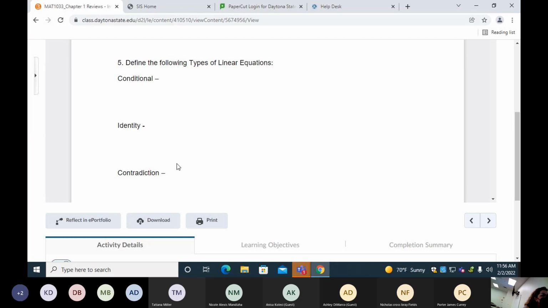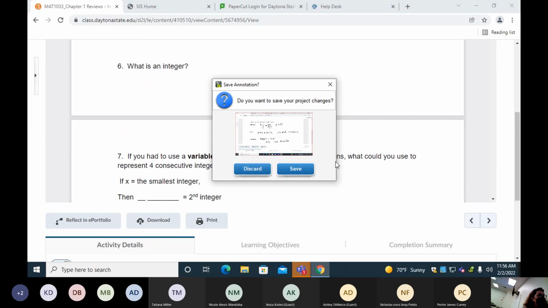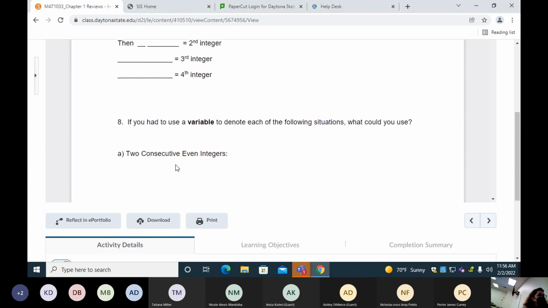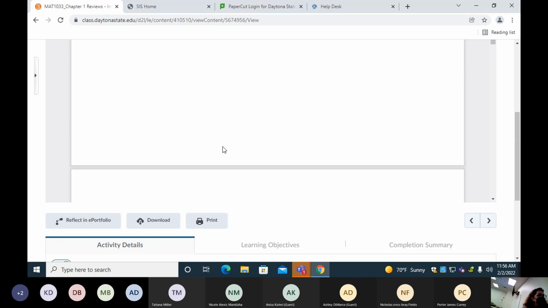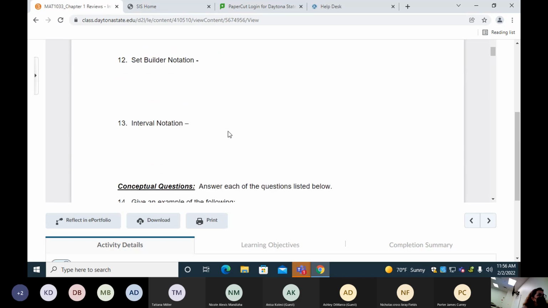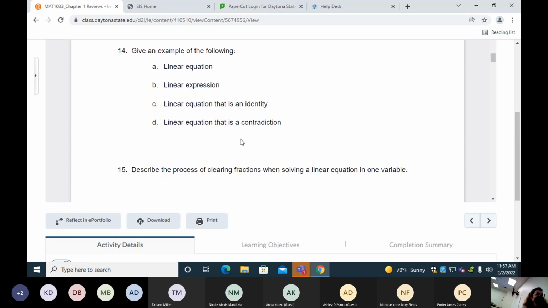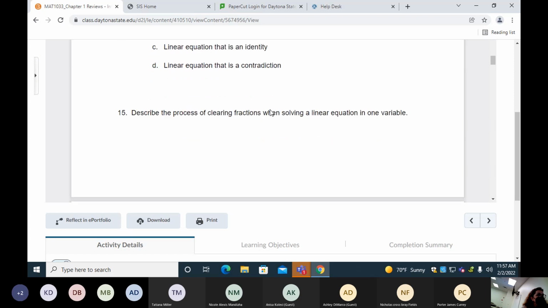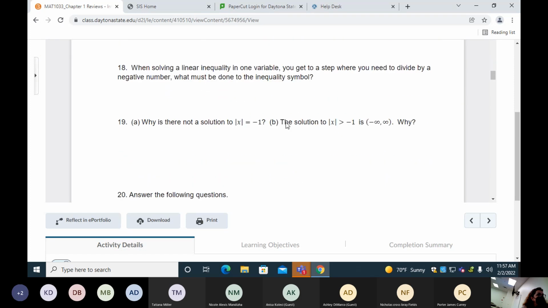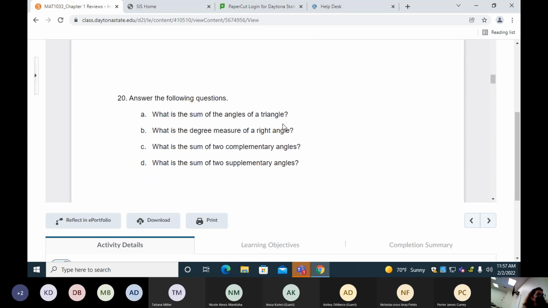Okay, what else do we have here? We haven't done that, so no worries. Give an example. We kind of did that now. What is the sum of the angles of a triangle? Just did that.